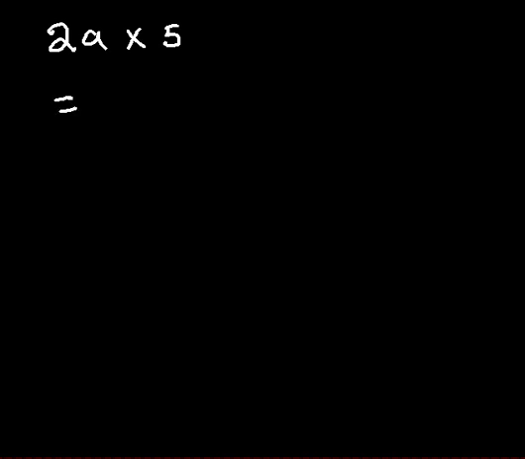In this case, we have a term given as 2a and a term given as 5. Here there is a variable, while here there is no variable. So we just have to multiply the numbers. We'll have 10, times the variable a. We'll have 10a.